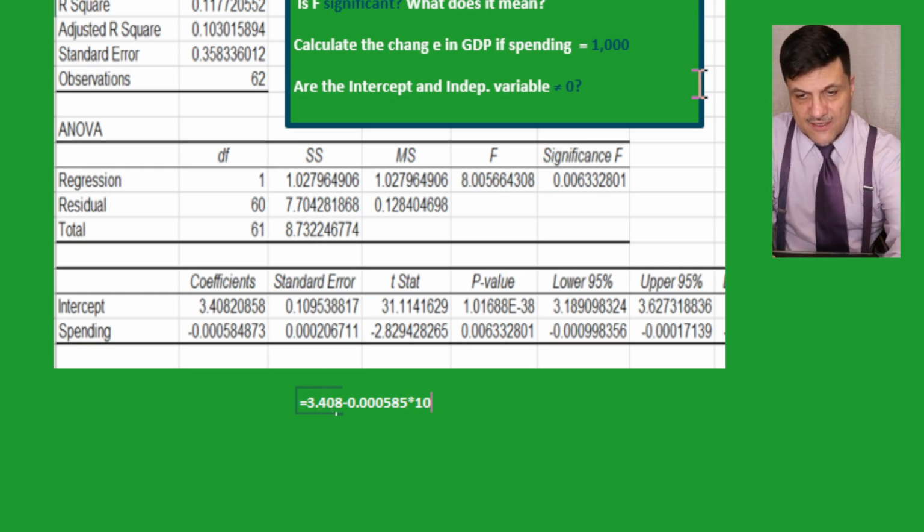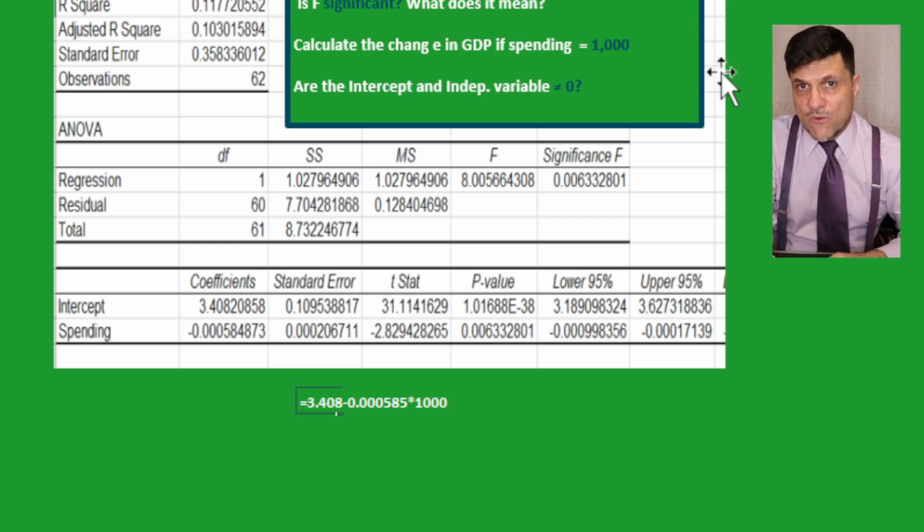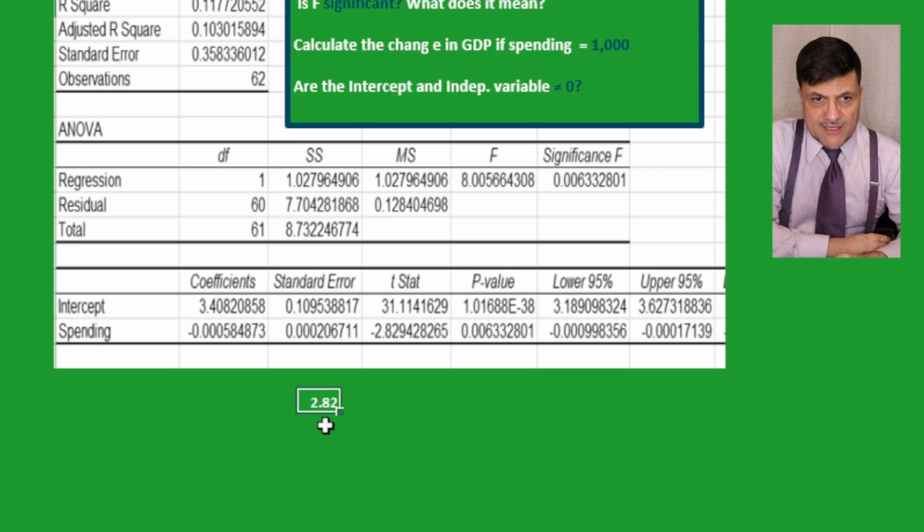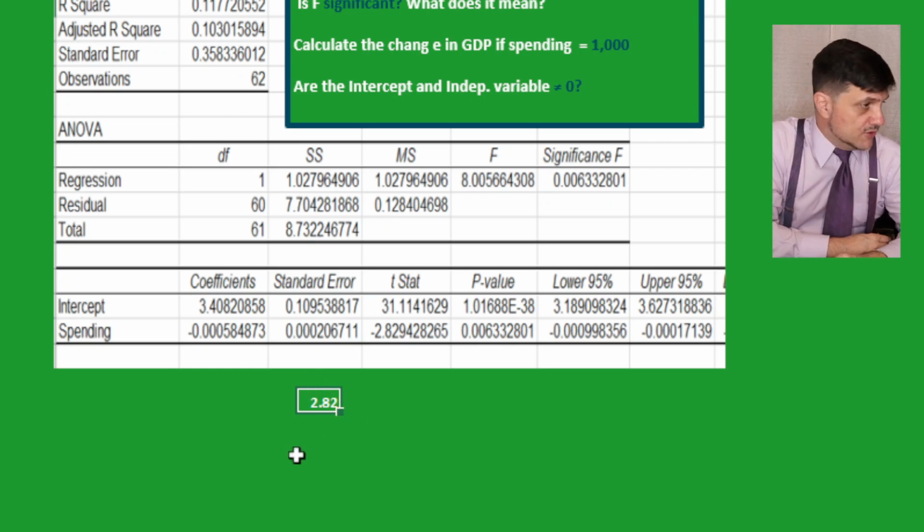Yes, you could face a simple question or substitution on the linear regression to find the answer in the exam. There you go. Then this would be in billions or trillions or millions, and that's the change in the GDP due to the change in spending.